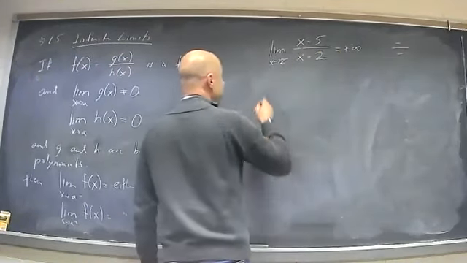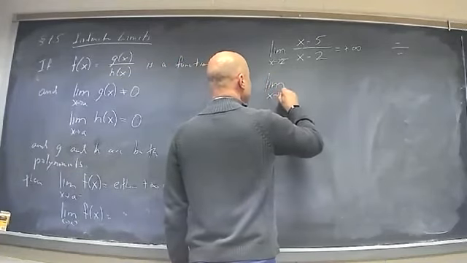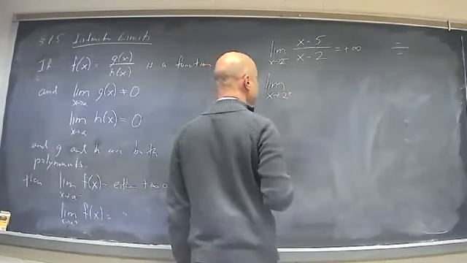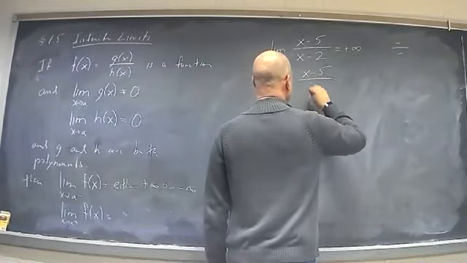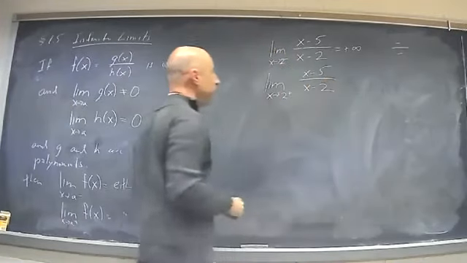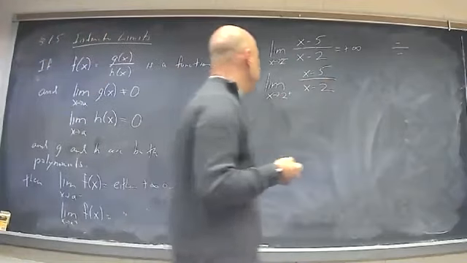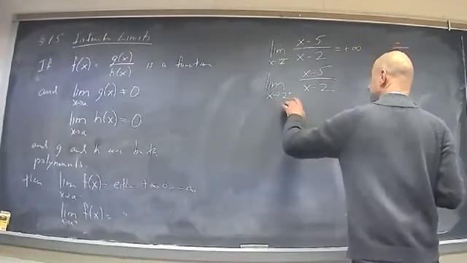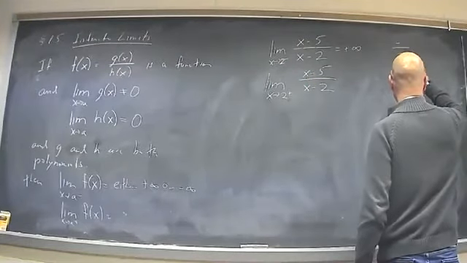Likewise, let's come in from the other side. The limit as x goes to 2 from the right of x minus 5 all over x minus 2. This time, x is a number a tiny bit bigger than 2, like 2.1 or 2.01. So if I take a number a tiny bit bigger than 2 and I subtract 5, I get a negative number again.